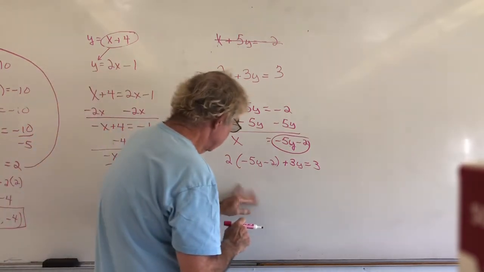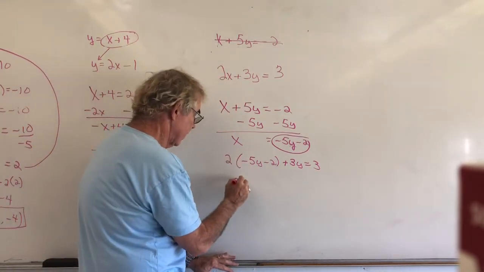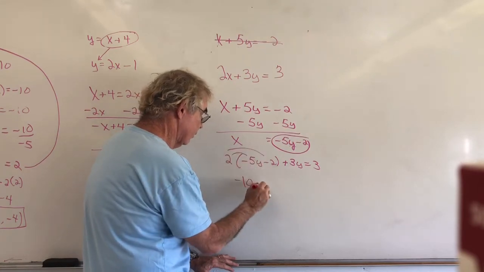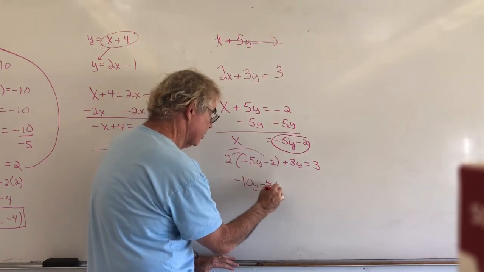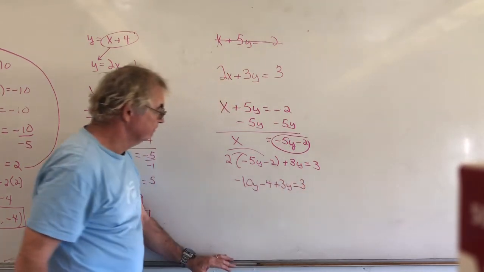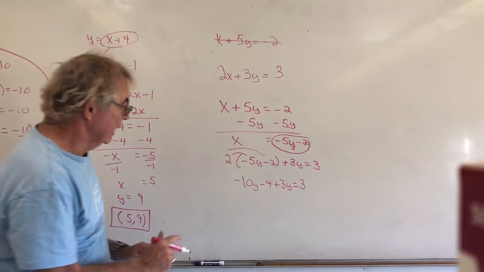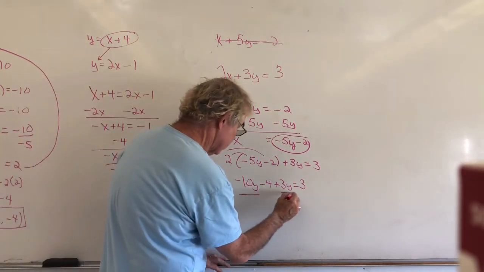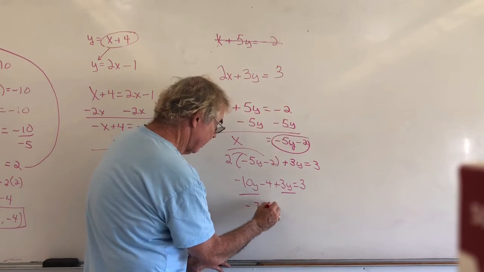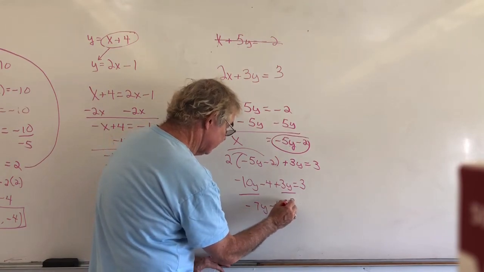Distribute here. Get negative 10y minus 4 plus 3y is 3. Okay? Collect like terms. You get negative 7y minus 4 is 3.